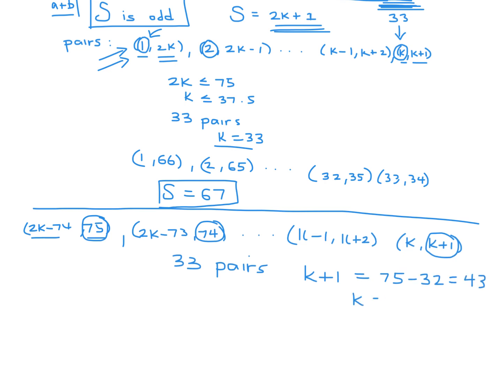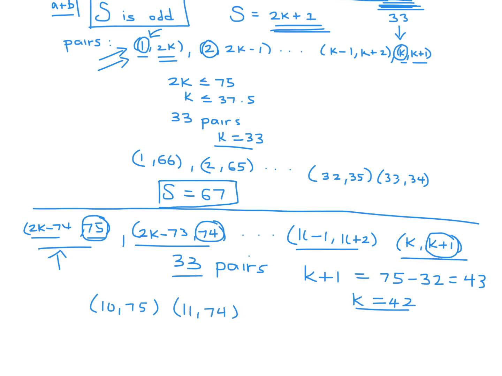So k has to be 42, because there have to be 33 of these, 1, 2, all the way to the 33rd. Once I have the k value, I can substitute it back in, and I get 10 and 75, 11 and 74, and so on, all the way to 41 and 44. The last one is 42 and 43. Therefore S in this case is 85.